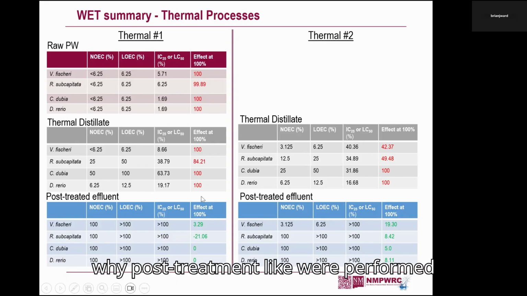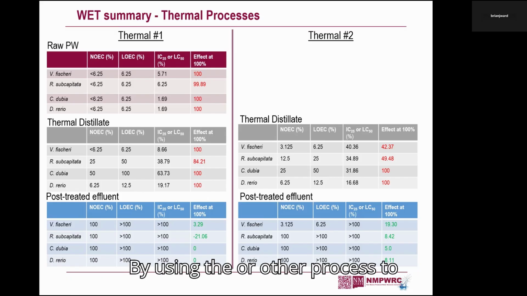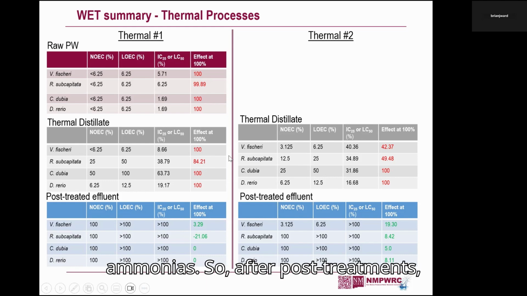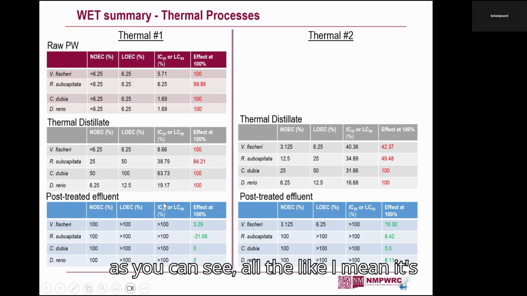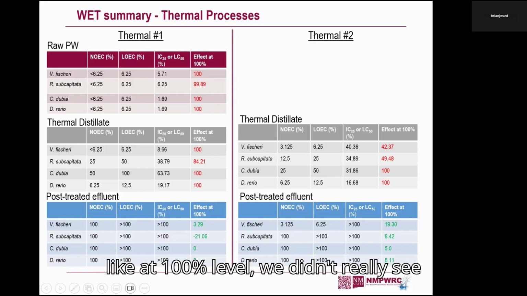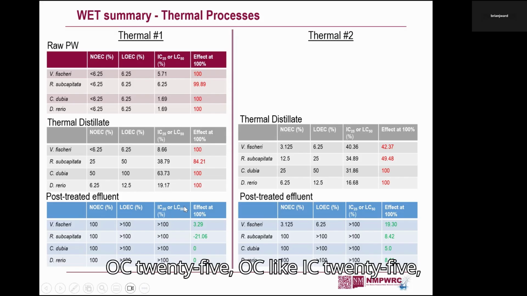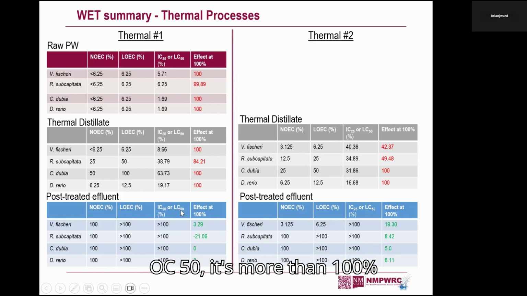That's why post-treatment was performed using GAC, zeolite, or other processes to remove those residual organics and ammonia. After post-treatment, as you can see, the NOEC is at 100% level, meaning we didn't see any impact, and the LC25, IC25, and LC50 are more than 100%.